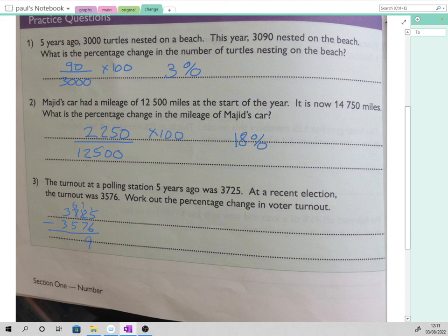Pull 1 from there. 4, 1. 149 is left. So that's the difference, 149. The original was 3,725, times 100. So 149 divided by 3,725 times 100 equals 4. 4% change. Yeah, it's going down 4%.